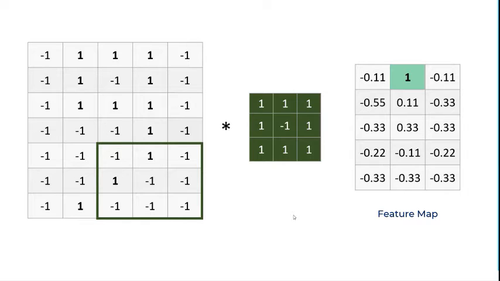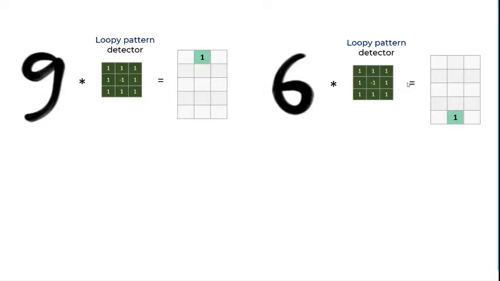Now the benefit here is wherever you see number 1 or a number that is close to 1, it means you have a loopy circle pattern. So this is detecting a feature. In the case of koala, this will be an eye or a nose, because for koala, eye, nose, ears are the features. So by applying the loopy pattern detector, I got this one here in my feature map.